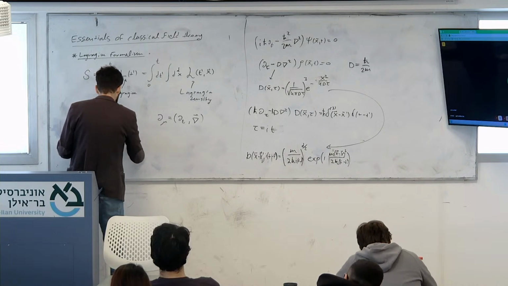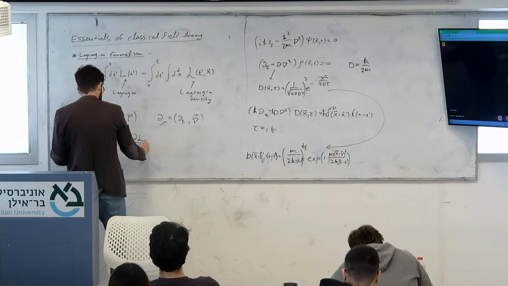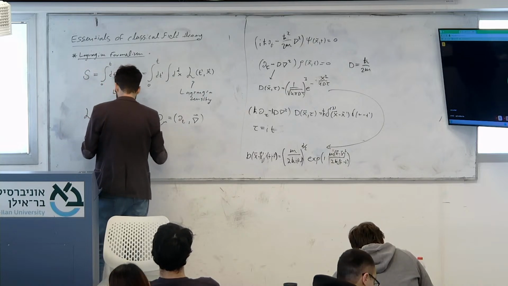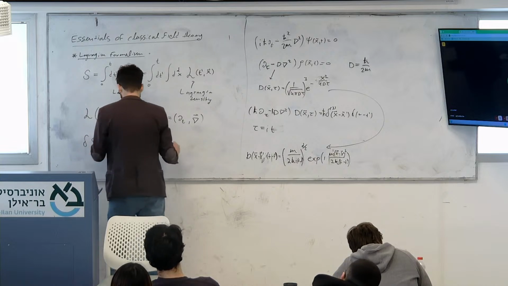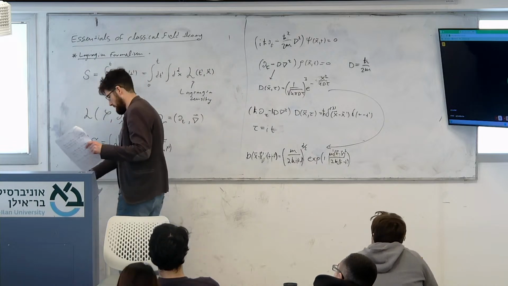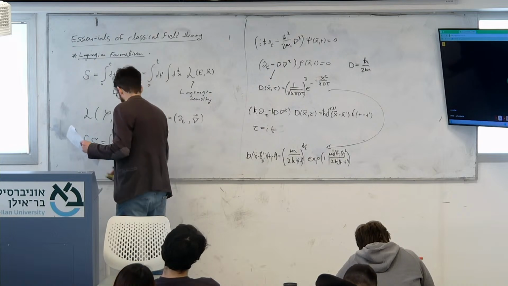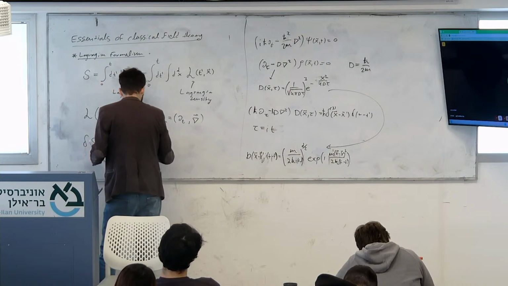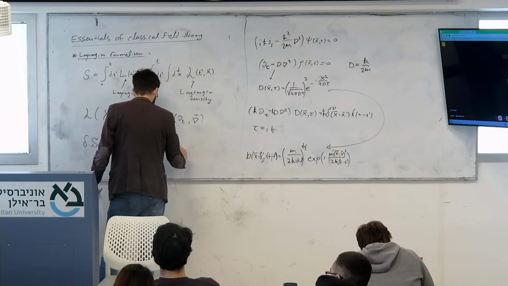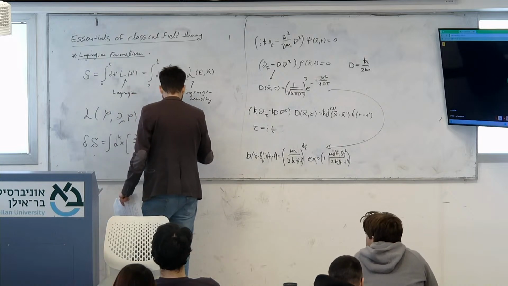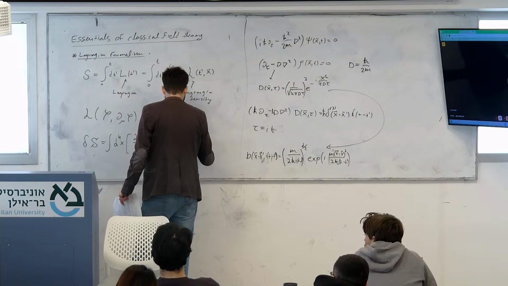And then the obvious one is dL to d phi delta phi plus dL to d mu phi delta of d mu phi.